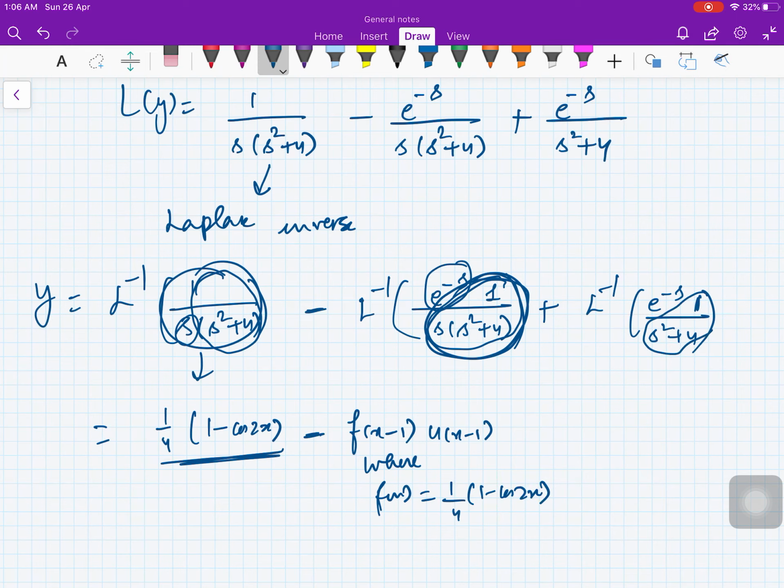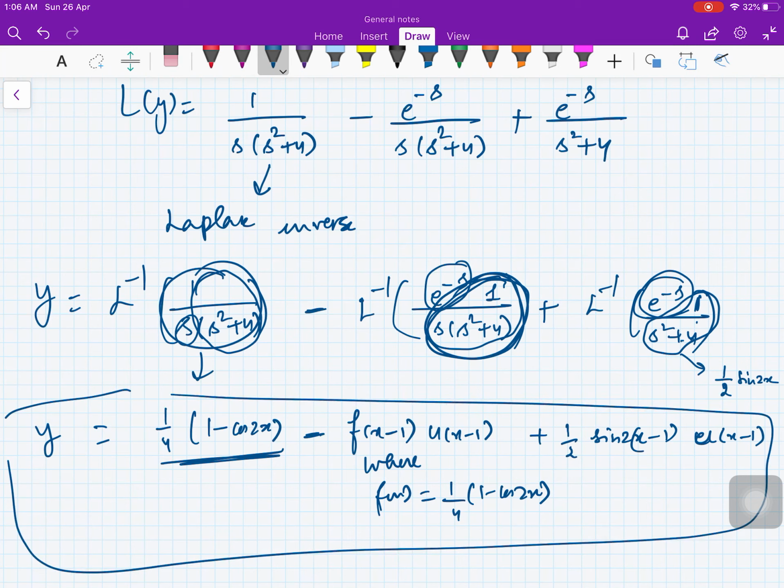Is equal to 1 by 4, 1 minus cos of 2x, and here 1 upon s square plus 4, that is Laplace inverse for this particular thing is 1 by 2 sine 2x, and when you multiply with e raised to minus s, you will get it as 1 by 2 sine 2x, right, minus 1 into u of x minus 1, right? So this is your solution.